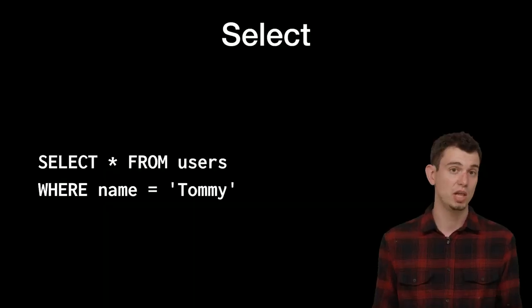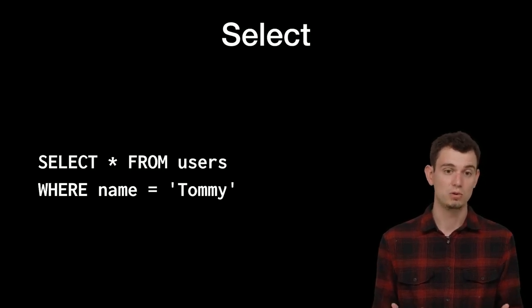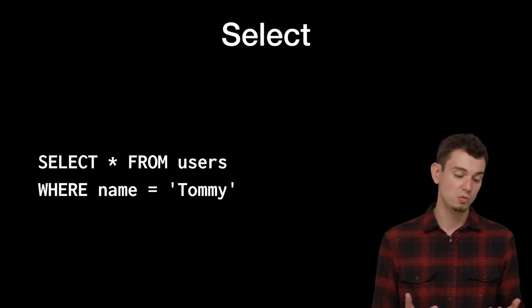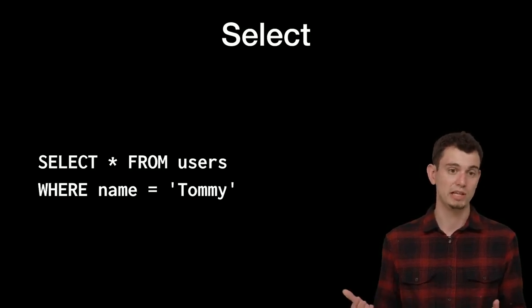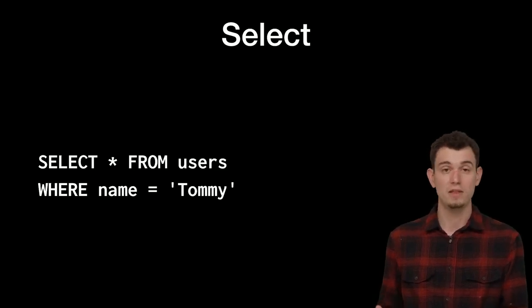After we've inserted rows, we might want to read them back from the database. To do that, we're going to use a select query. We can say select star, which means select all of the columns from the table. If we wanted to, we also could have given a comma-separated list of columns we wanted to read. Then we'll say from and the name of the table.